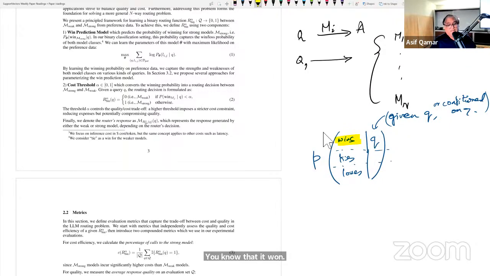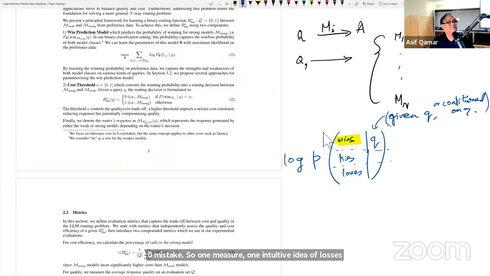So now, if you have to quantify the loss, how wrong was the model? If the model said 100% sure, big model wins, then the probability is 1, isn't it? And how much mistake has it made? No mistake, right? Zero mistake. So one intuitive idea of loss is that it is the log of this.